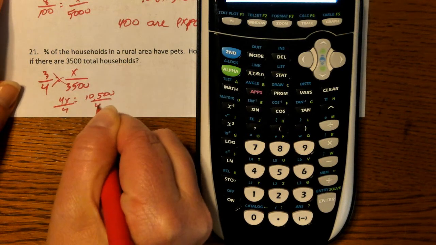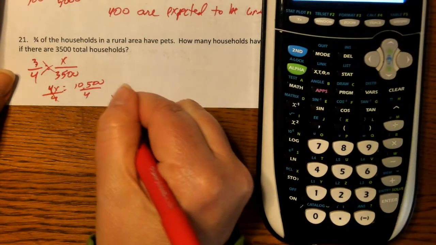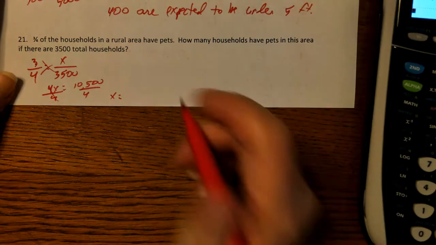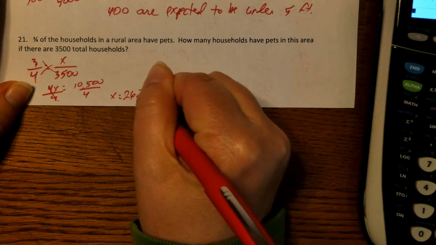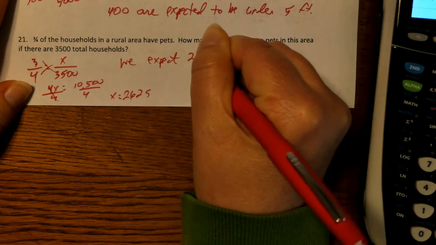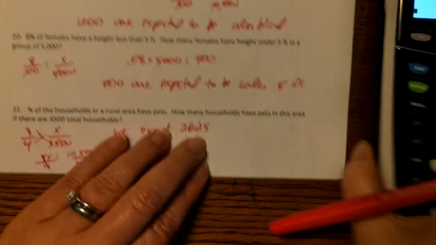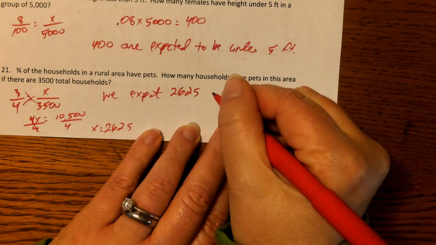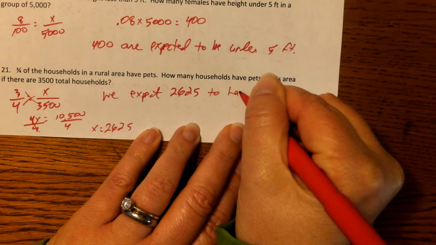Divide both sides by 4 to get x by itself, and we get 2,625. That means we expect 2,625 of the 3,500 households to have pets.